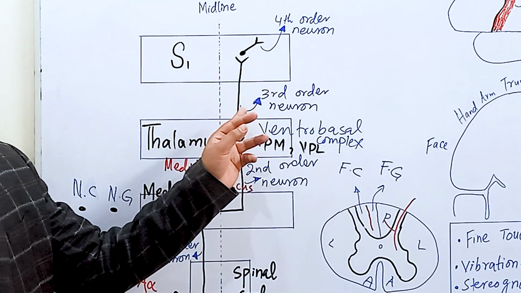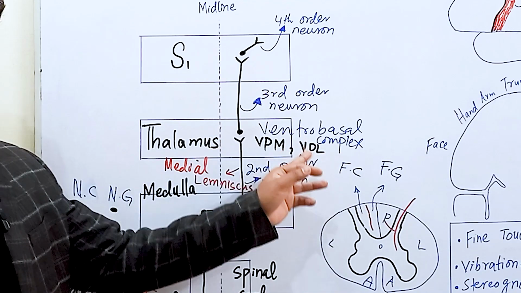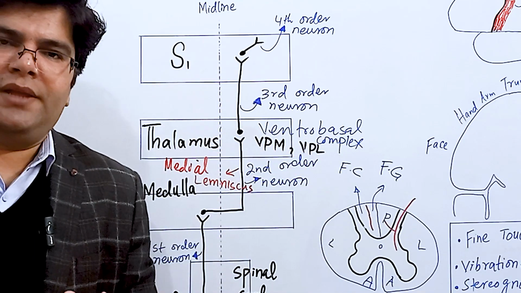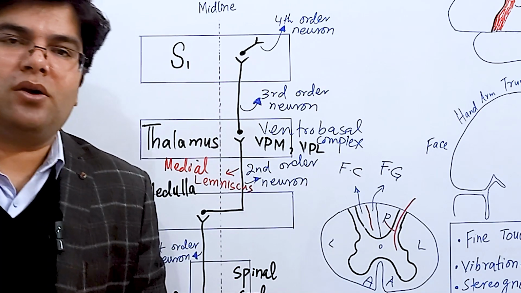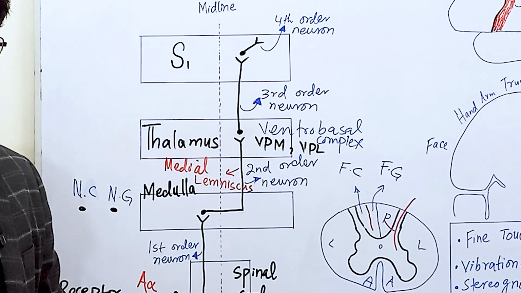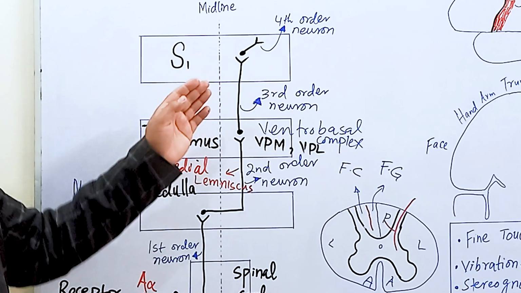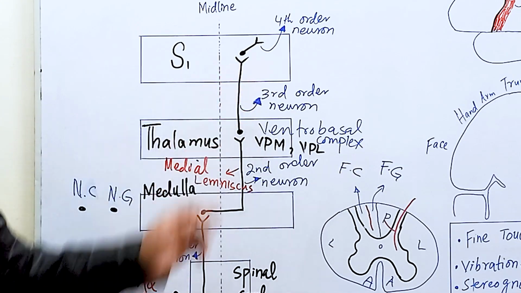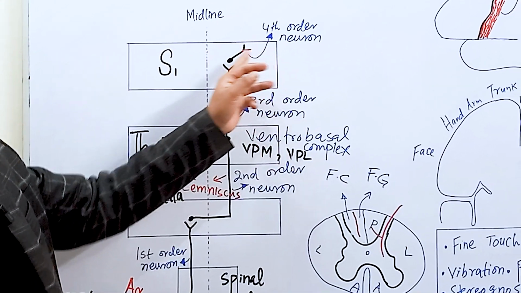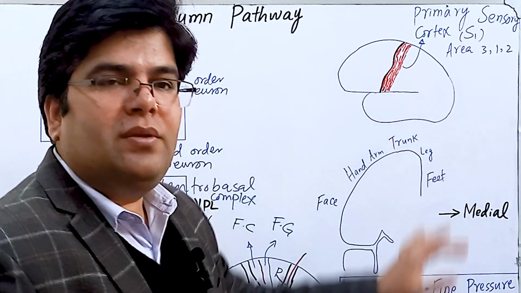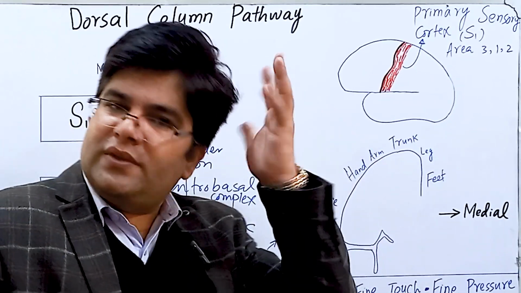These third order neurons, which start from the ventrobasal complex of the thalamus, ascend upward to find another relay in the primary sensory cortex or S1, which is present in the postcentral gyrus. Just to give you an idea where this primary sensory cortex, which contains fourth order neurons, is located, here is a simple diagram which shows the lateral surface of our brain.